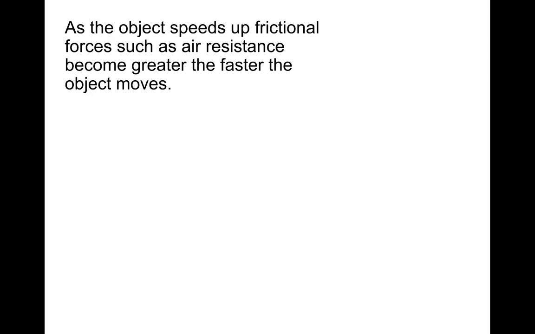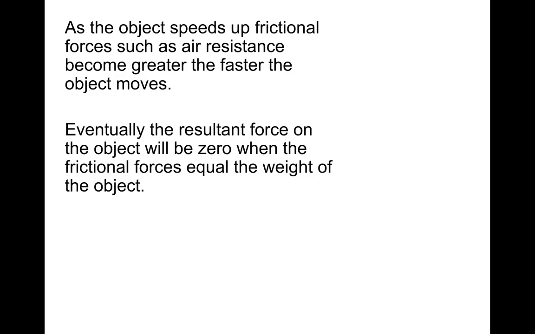As the object speeds up, in that GIF it was a basketball, it could be anything, frictional forces, by which I mean air resistance, become greater. And it becomes greater the faster the object moves. Eventually, the resultant force on the object will become zero.